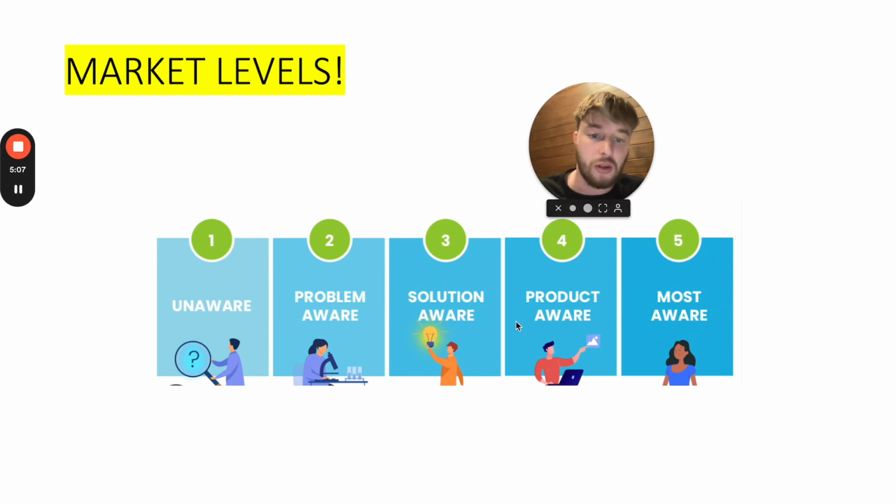If someone is aware of the product, let's say they know that iPhone exists, you don't have to convince them to buy the iPhone, because they already know it exists. The trust is built, the desire is there. You don't have to create a desire. You don't have to use any persuasion tricks on them in ad copy, because they're already product aware.